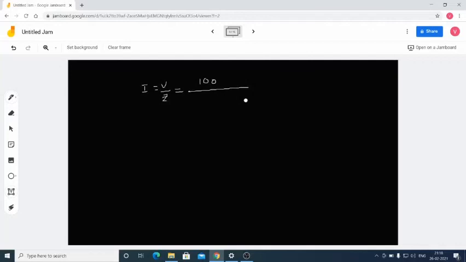Find A upon B, and the second problem is A cross B, for the given values. A is equal to 60 with an angle of 20 degrees, and B is given as 30 with an angle of 15 degrees, which are given in polar format. In the previous problems we determined values from rectangular to polar, but now we are going to find A upon B and A cross B in polar form.